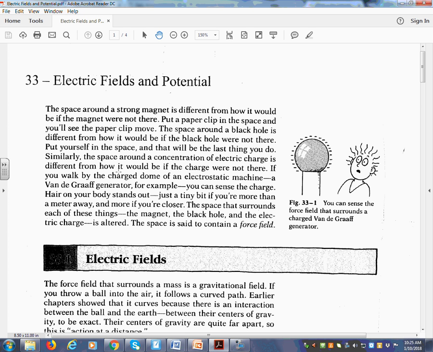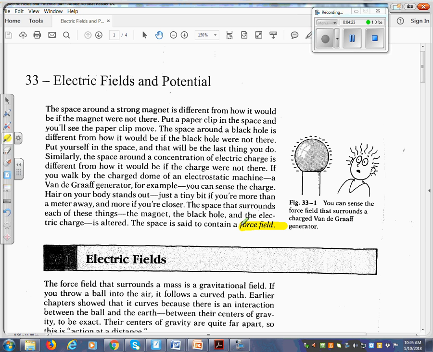If you walk by the charged dome of an electrostatic machine, a Van de Graaff generator, for example, you can sense the charge. Your hair on your body stands out just a tiny bit if you're more than a meter away, and more if you're closer. The space that surrounds each of these things, the magnet, black hole, and the electric charge is altered. This space is said to contain a force field.